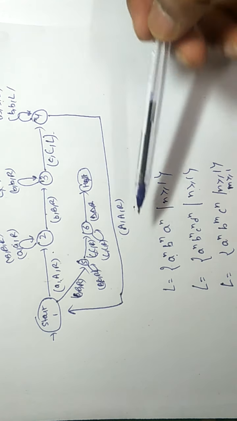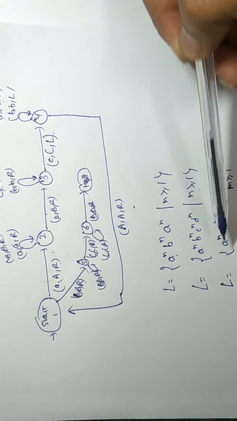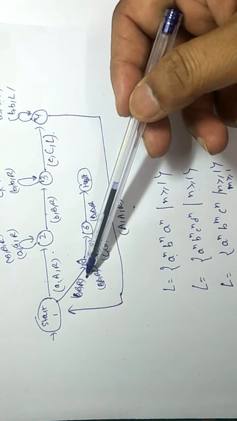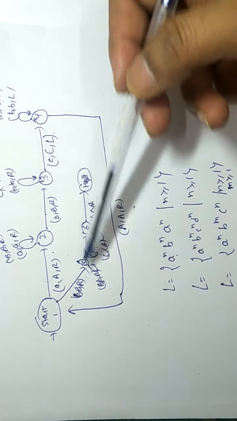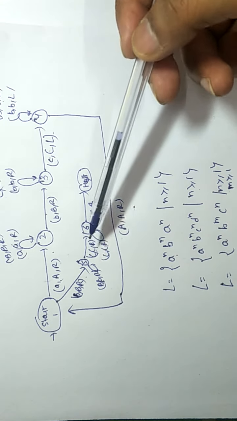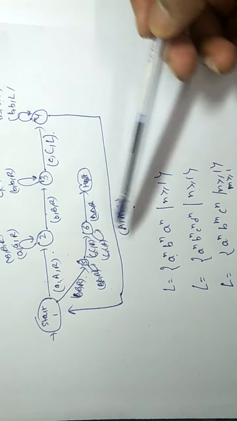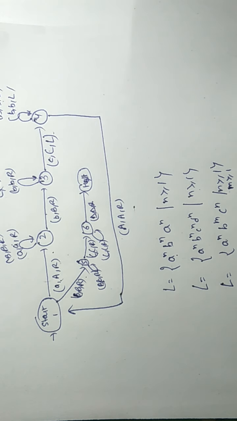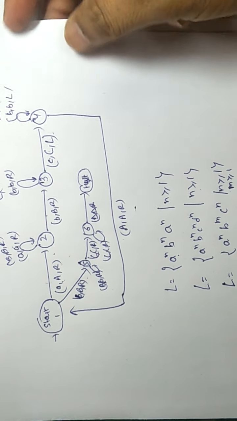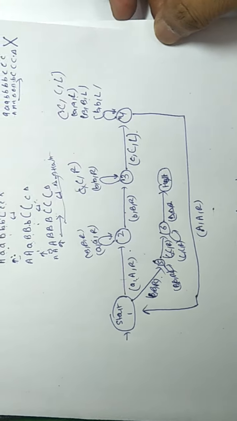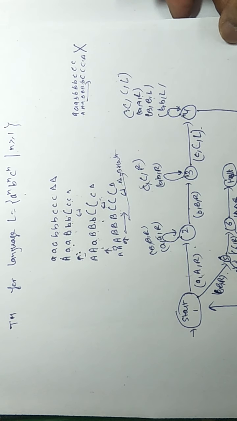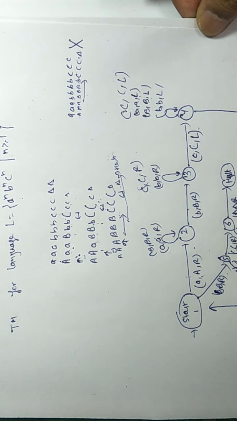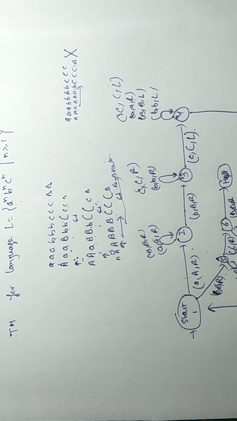At the end, at the right of capital A, you will get one small b and there may be more small b's, then capital C, then more capital C's. So this Turing machine is very useful and this is important also from the exam point of view. We can summarize some important Turing machines.